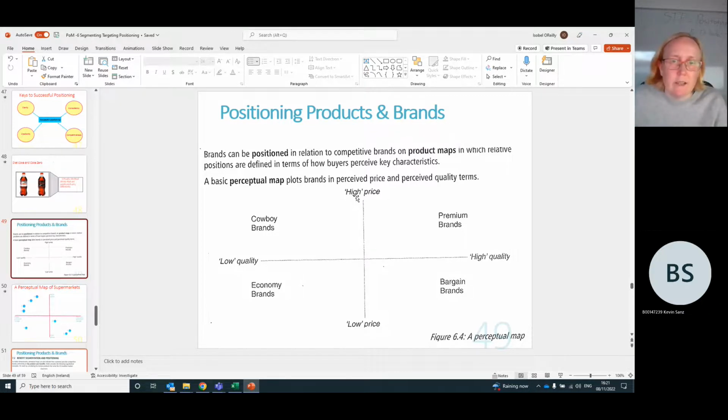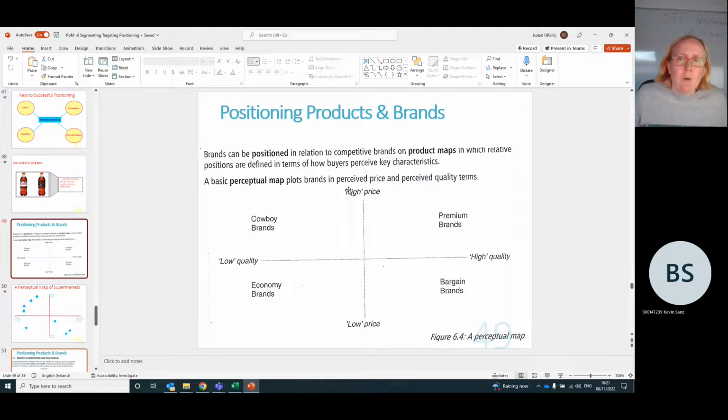In this case, it's high price versus low price. That's one characteristic, and the other is quality. So low quality on the left going to high quality on the right. Obviously, there is usually a link between quality and price.